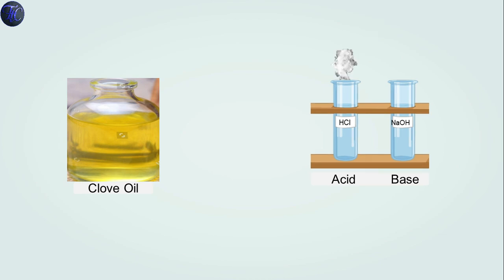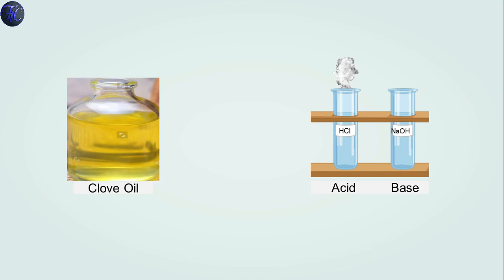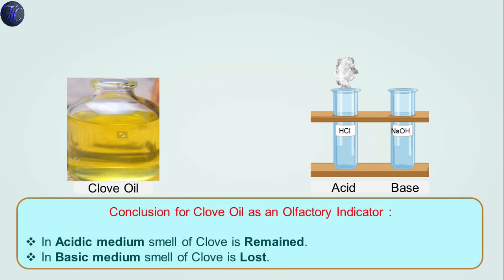We observe that the clove oil smell is present in the acid. Then add a few drops of clove oil in NaOH solution. We observe that the smell of clove oil is lost in the base, that is NaOH. So we conclude that in acidic medium the smell of clove remains as it was, and in basic medium the smell of clove is lost.